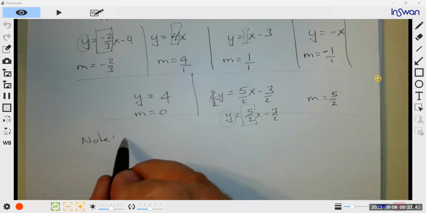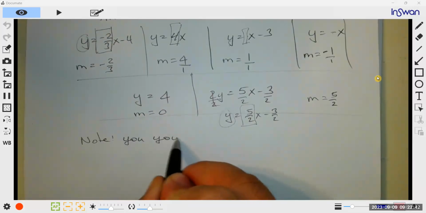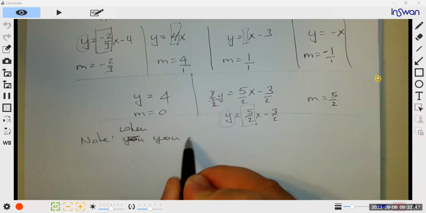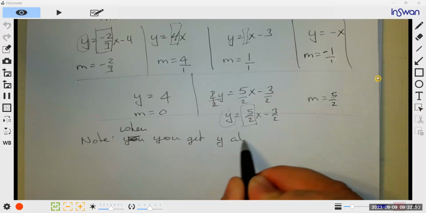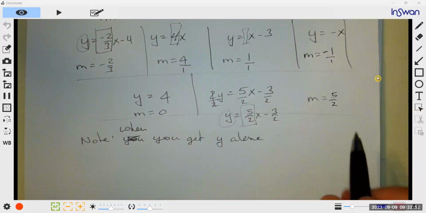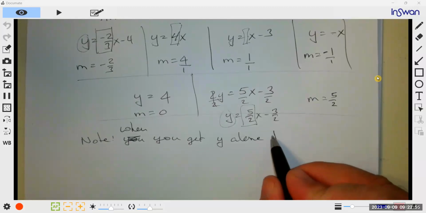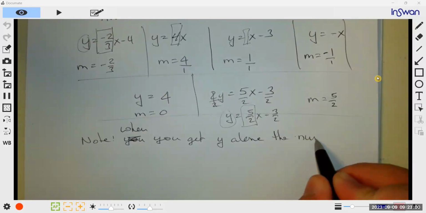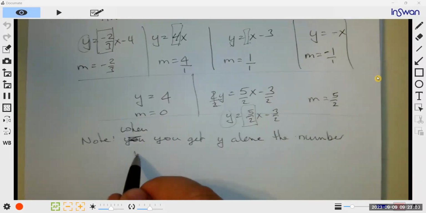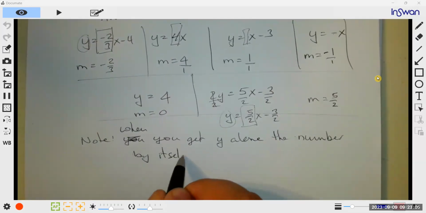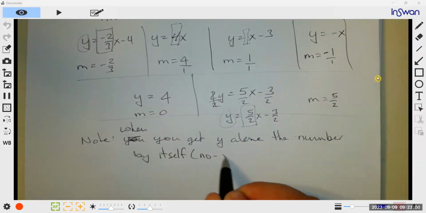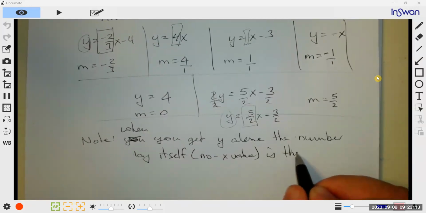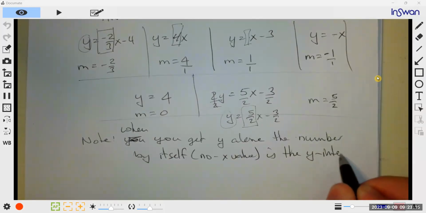Note, when you get y alone, the number by itself, no x value, is the y-intercept.